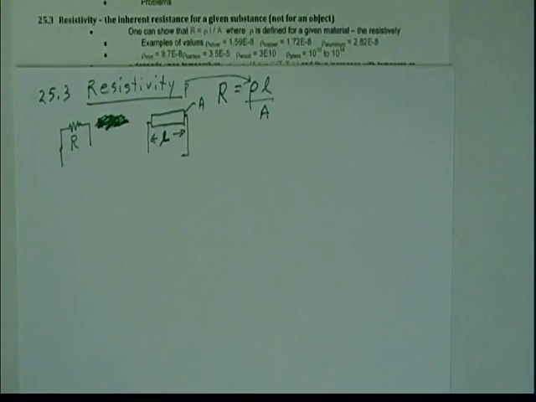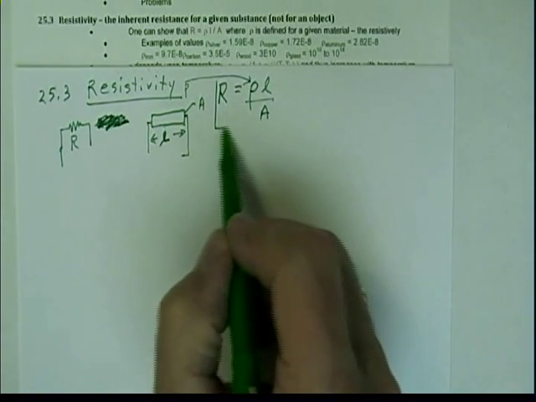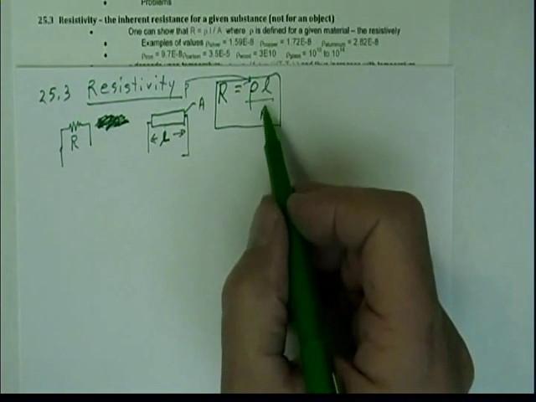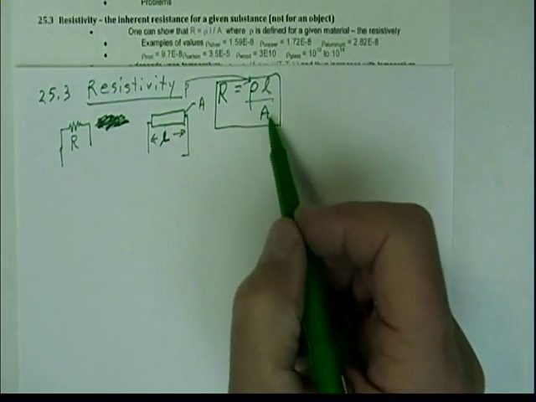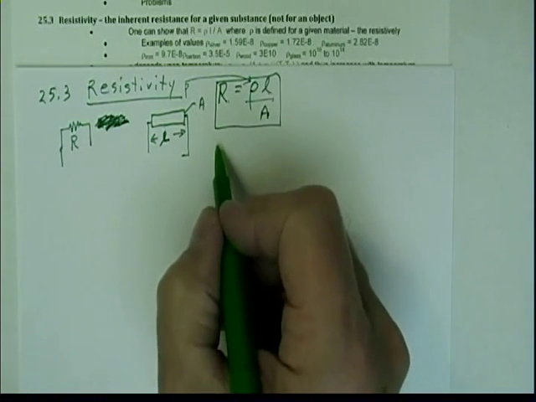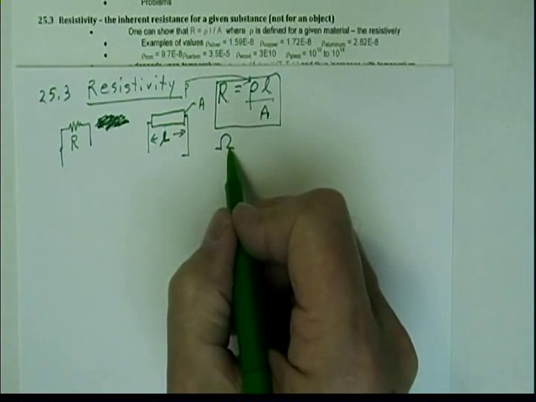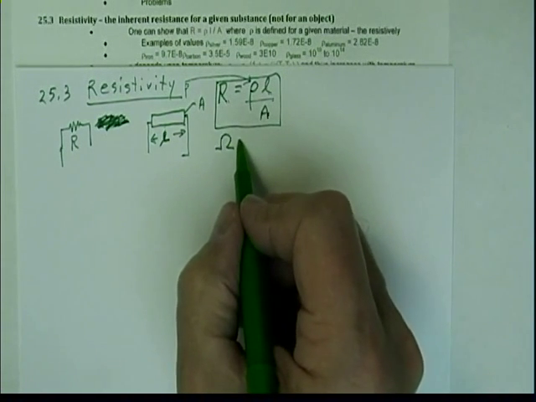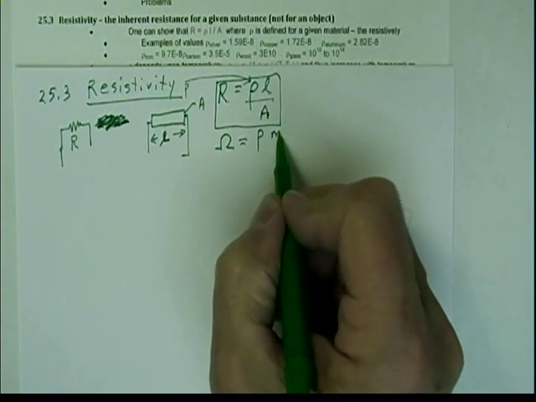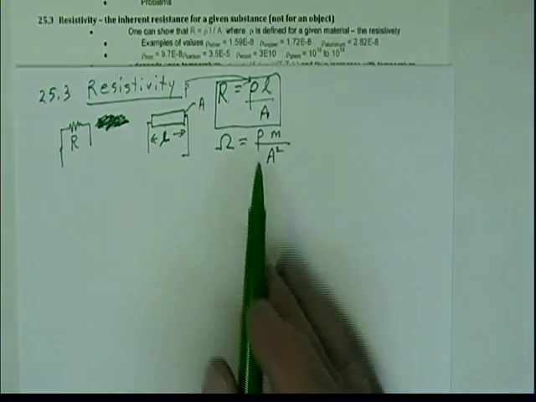And so now we can say, if we know this, can we compute the resistance? And of course, this is a formula you need to remember. And this is a length in meters and an area in square meters and a resistance in ohms. So this is ohms, that's the Greek letter for the last letter of the alphabet, omega, is equal to rho times the length in meters divided by area in square meters.